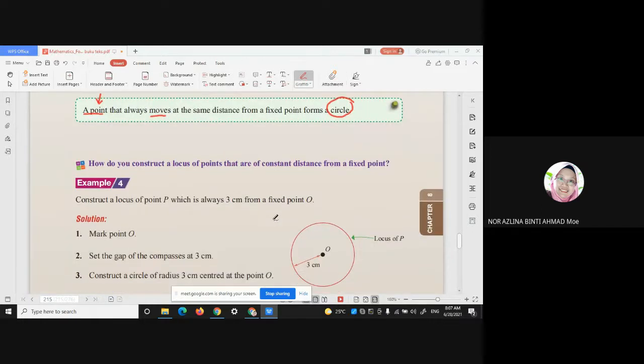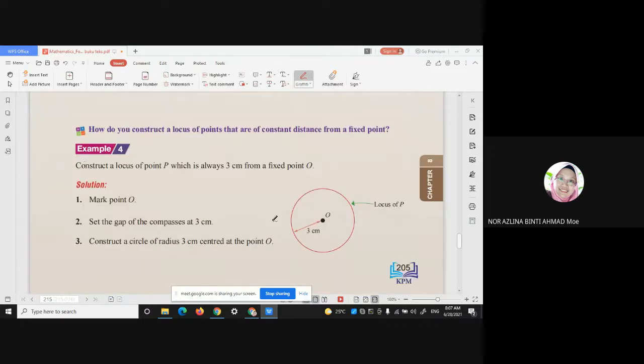Example 4. Construct a locus of point P which is always 3 cm from a fixed point. Construct means you need to use your compasses.